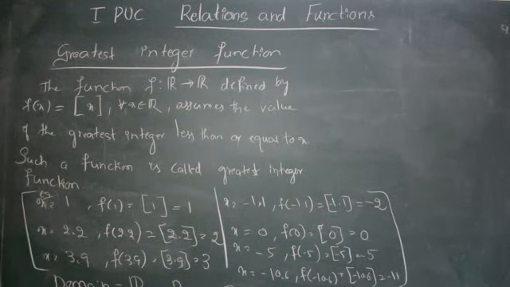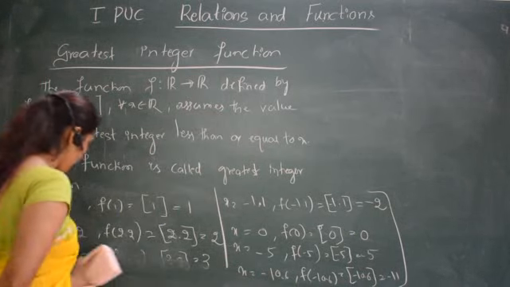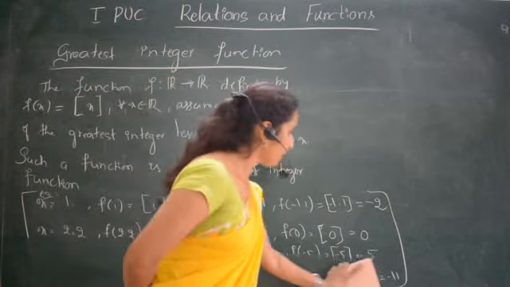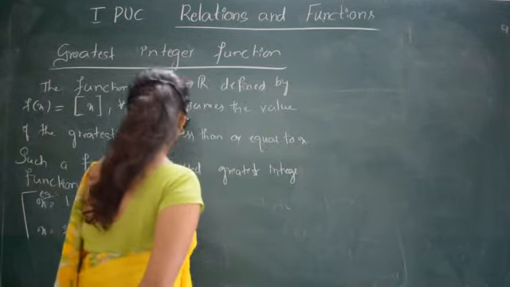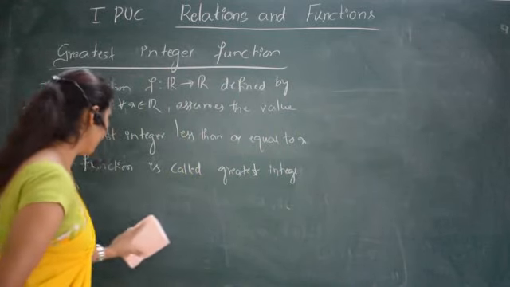The domain is a set of real numbers and the range is a set of integers. If you write it, after the examples are not required, write it in a bracket.